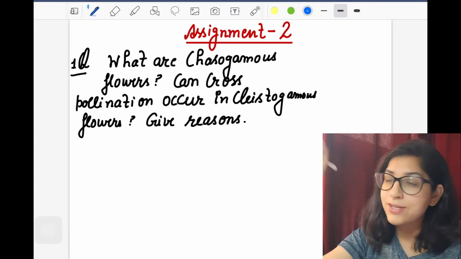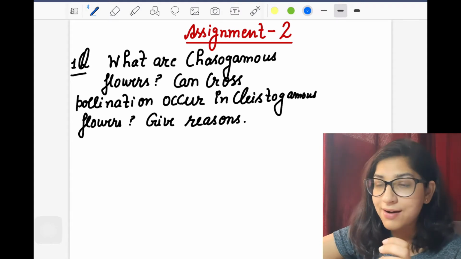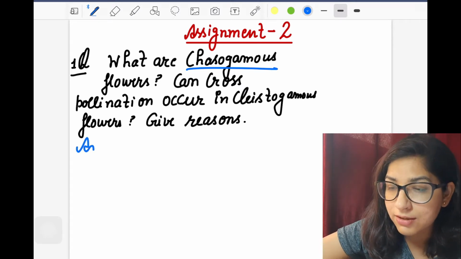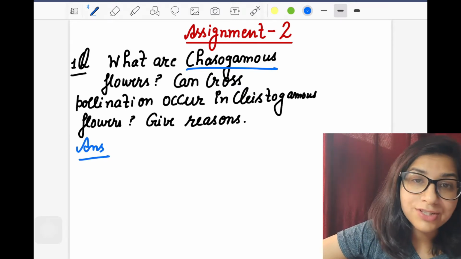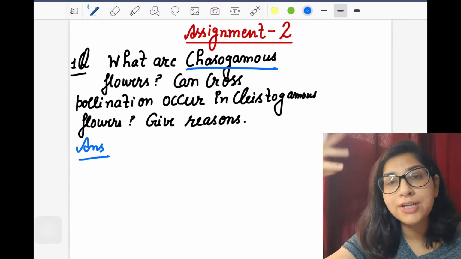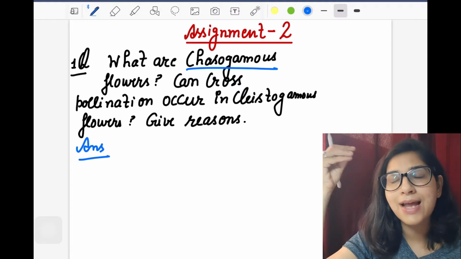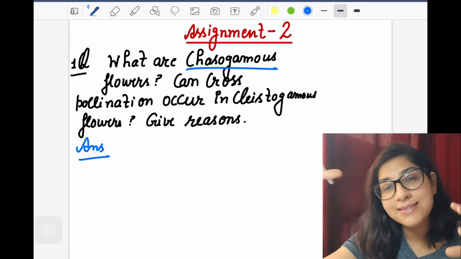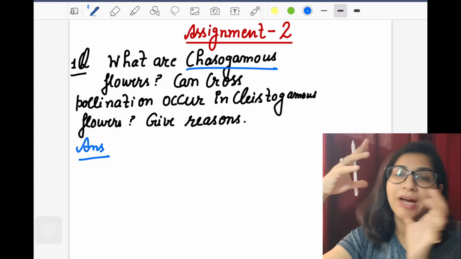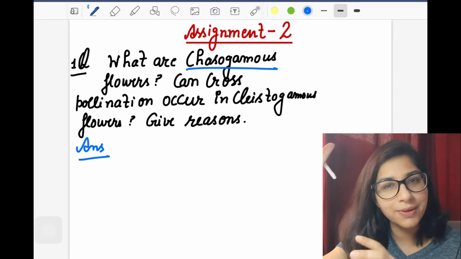So here, as you can see, the first question I am taking is: what are Chasmogamous flowers? Chasmogamous flowers, in short, are the open flowers in which stigma as well as styles are exposed, that is visible, they are conspicuous, they are large, clearly visible outside.